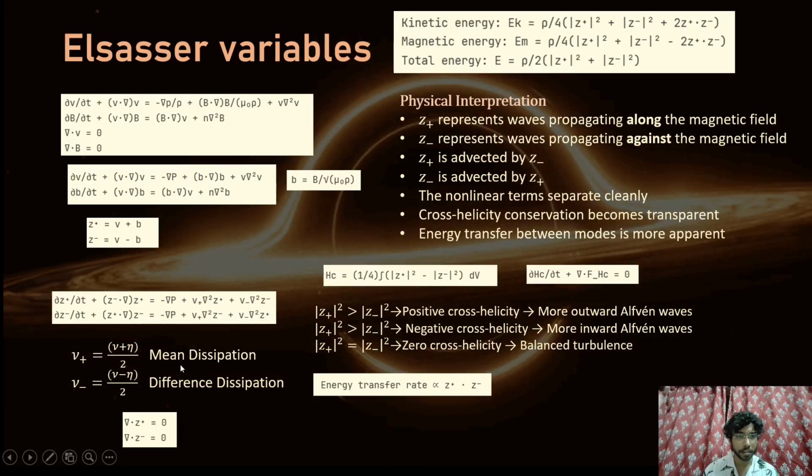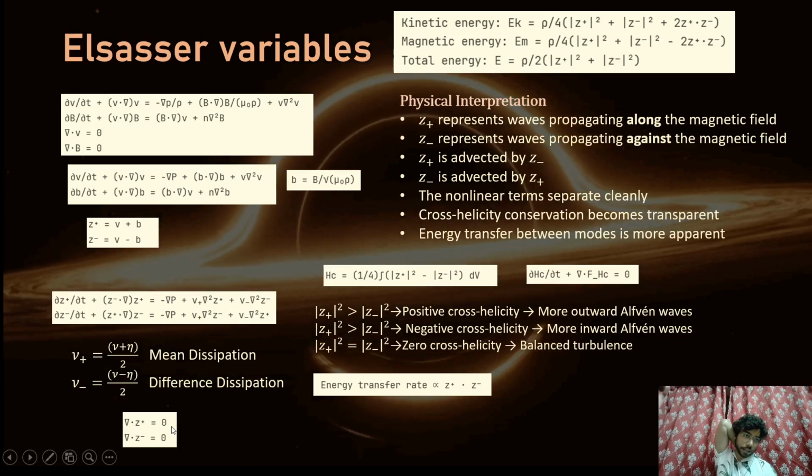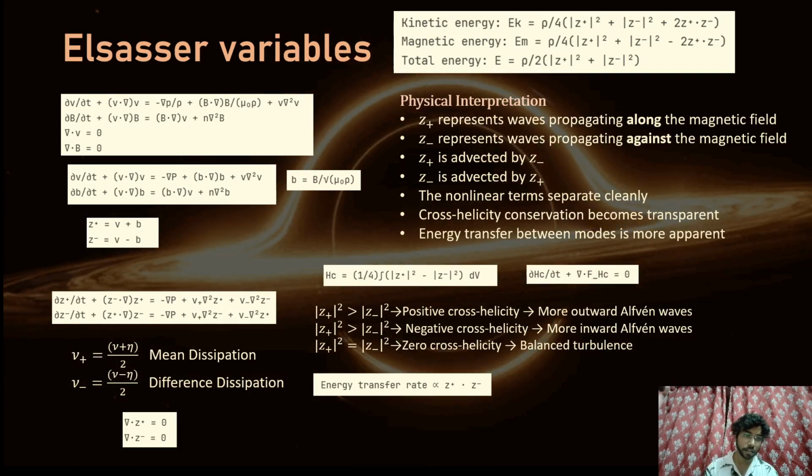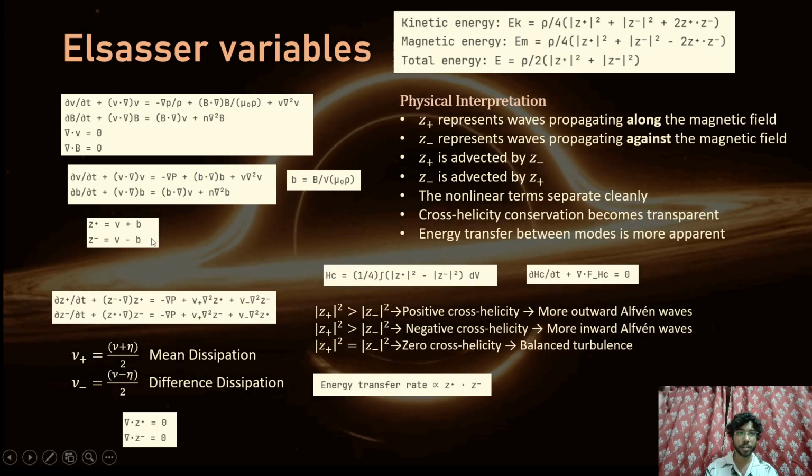So this is the mean dissipation, and this is the difference dissipation. And again these two are the conditions del dot z plus and del dot z minus equals 0, coming from these two conditions.